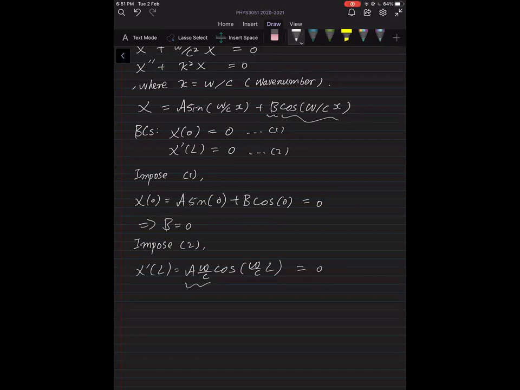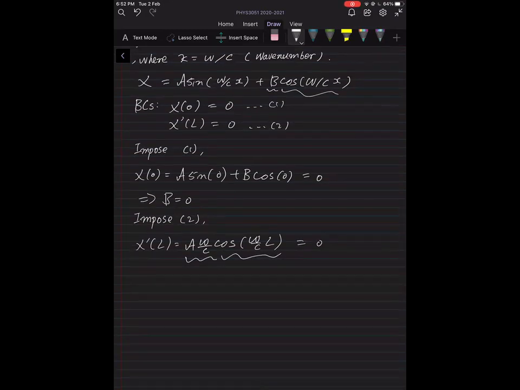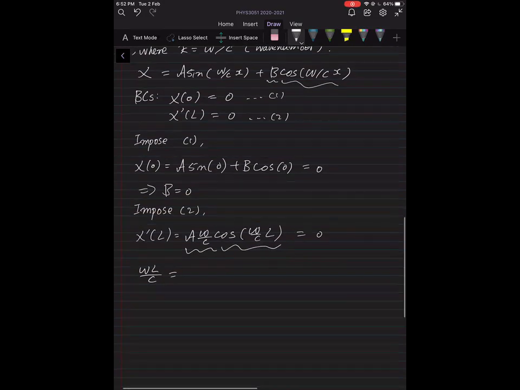And then a can't be 0, so we have the cosine term to be equal to 0, which implies omega L over c equals to what? 2n plus 1 times pi over 2. Yes. So what are the possible values of n?